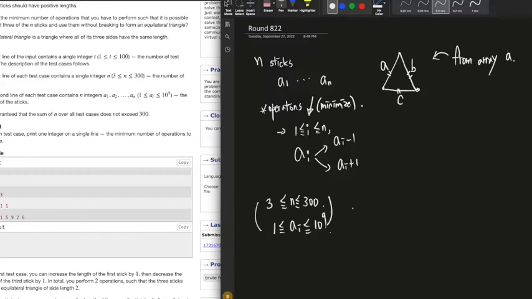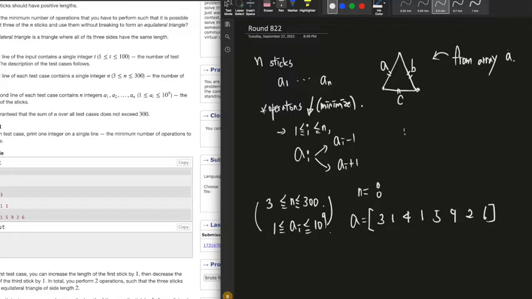So the solution for this is we need to sort first, because we get randomly permuted numbers, like when n is equal to 8, we get 3, 1, 4, 1, 5, 9, 2, 6. And the purpose of this problem is about finding same lengths of sticks.